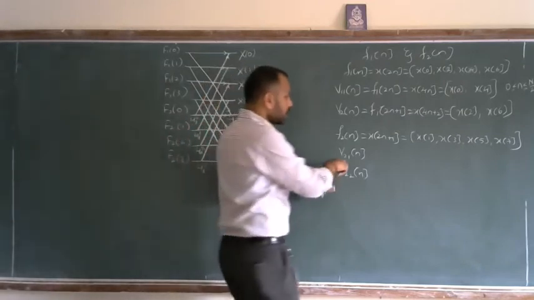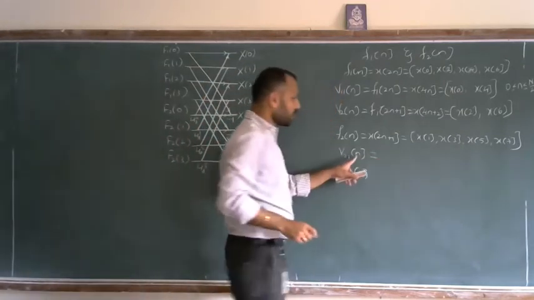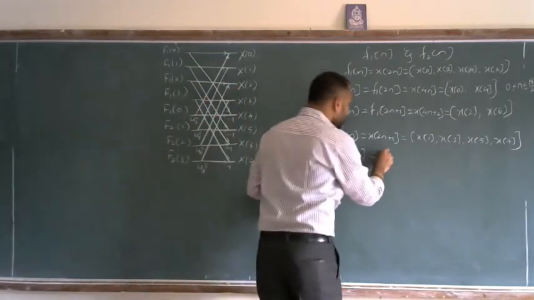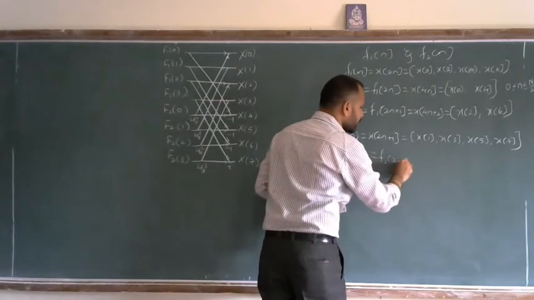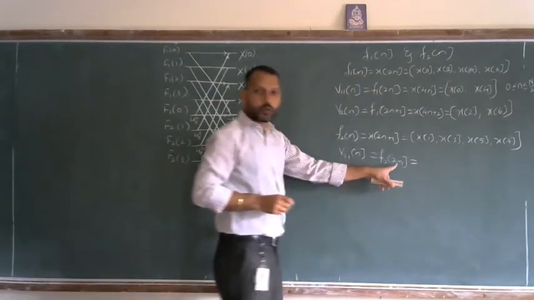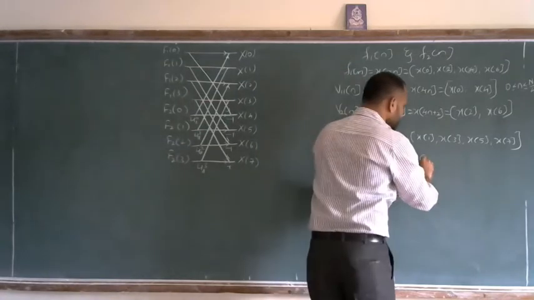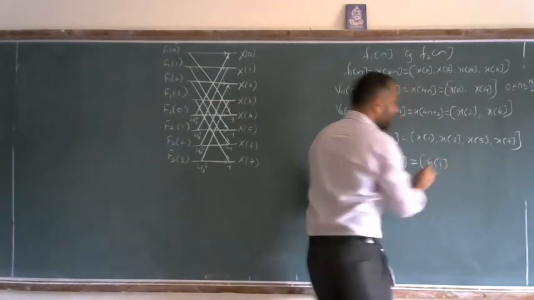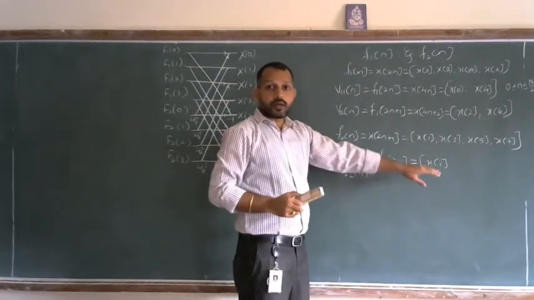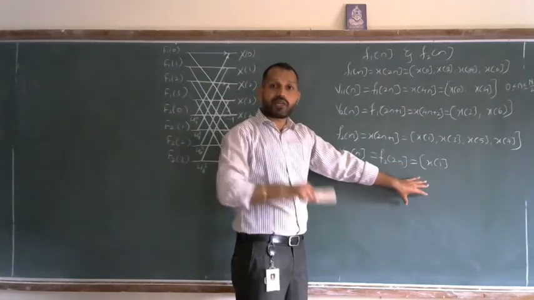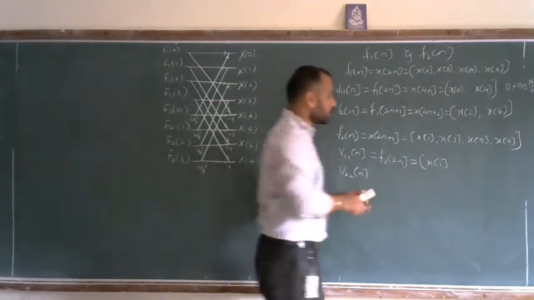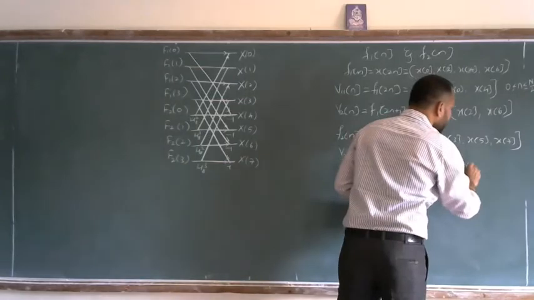Now let's say V21 of n contains only the even numbered samples from the second sequence F2 of 2n. Even numbered samples means the samples present at even index values. So those will be x of 1 and x of 5.